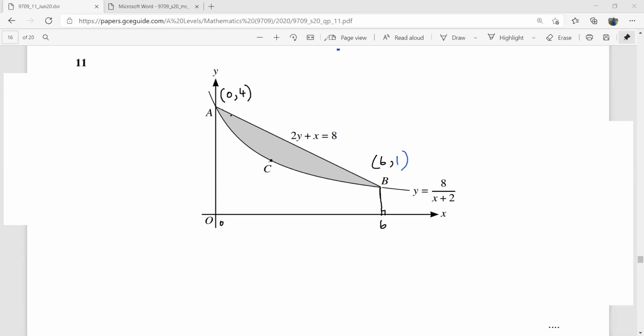Let me color this like this. This will be the volume generated when you rotate the region under this line, which I'm shading pink, about the x-axis, minus the volume that you obtain by rotating the region under the curve. This is the story over here.